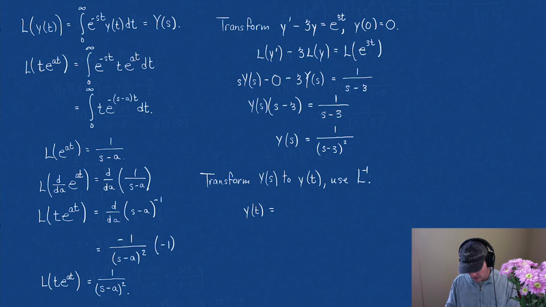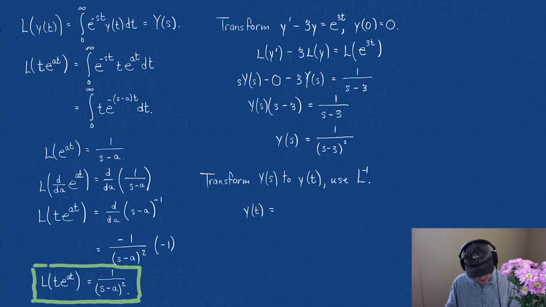We actually have seen that right down here. That's what we just proved or derived. So in other words, the a is the 3, and that just says that 1 over s minus a squared is just t e to the at. So this can be simply written as t e to the 3t.